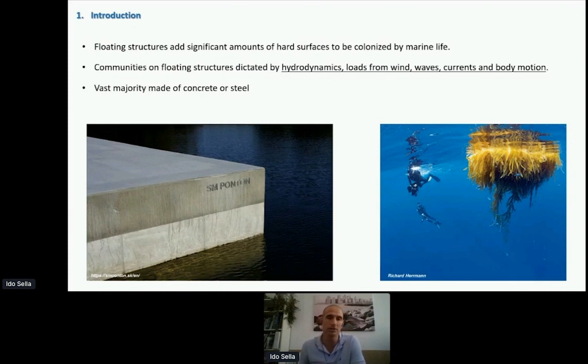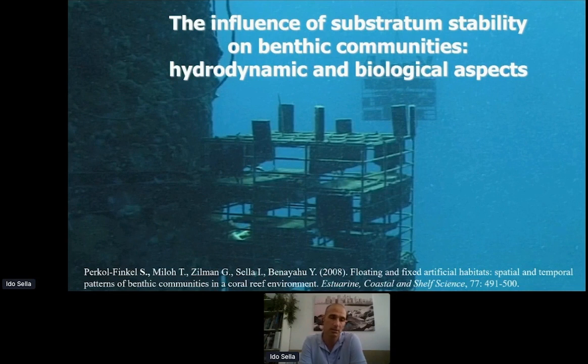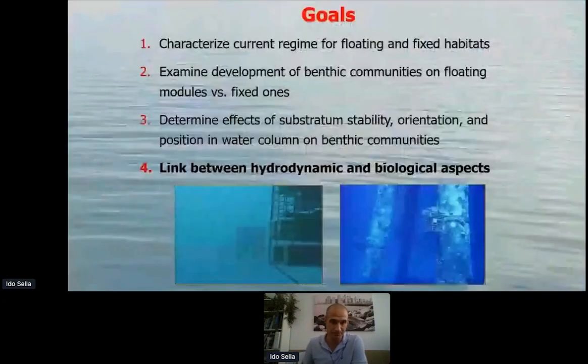So just where the study started. The idea was to evaluate how benthic communities, sessile communities, are affected by substrate stability. It was part of the PhD thesis of Dr. Perkol-Finkel. During that time, there was a large experimental area testing and evaluating units which are fixed and floating, and comparing the hydrodynamic conditions on them and also the biology developed on them.